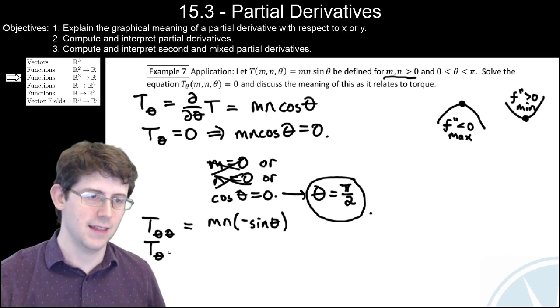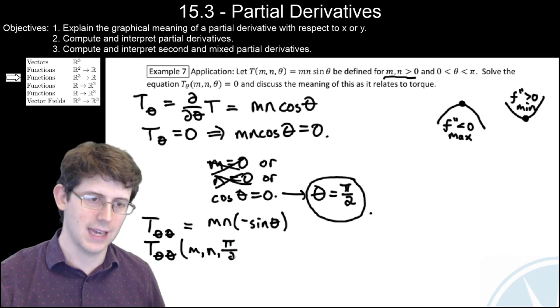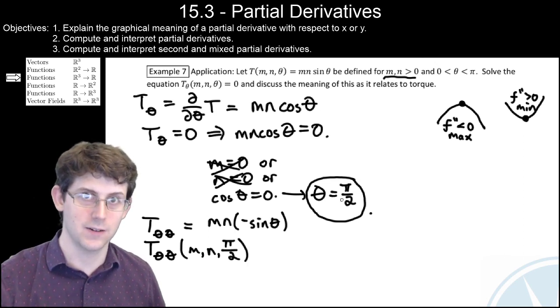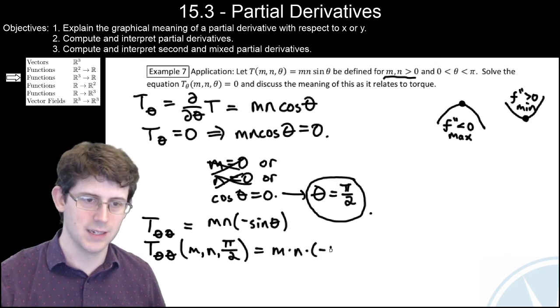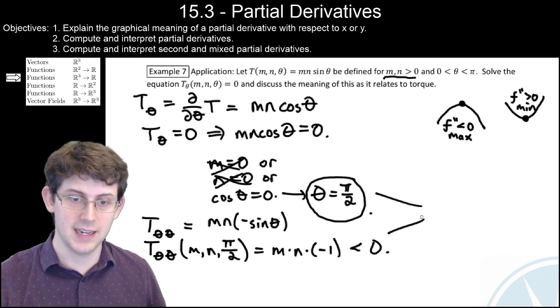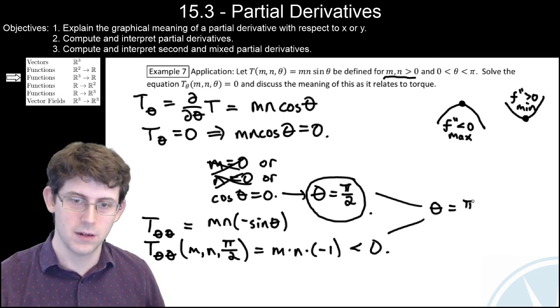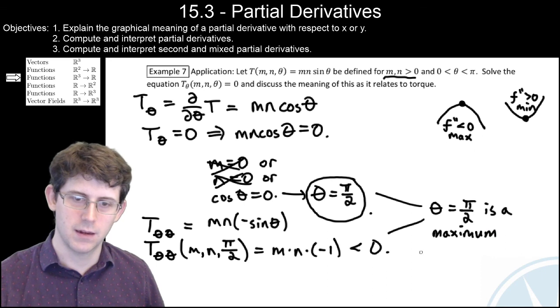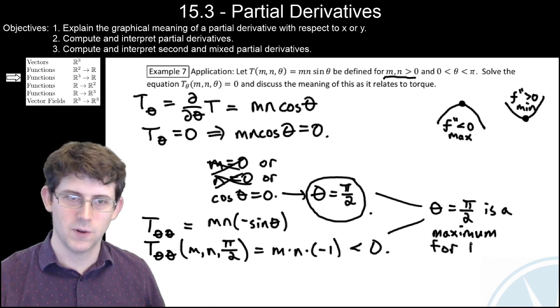So t theta theta at mn pi over 2, at our critical point, is mn times minus 1, and that's less than 0. So the first derivative is 0, the second derivative is negative, so that means that theta equals pi over 2 is a maximum for this function t.